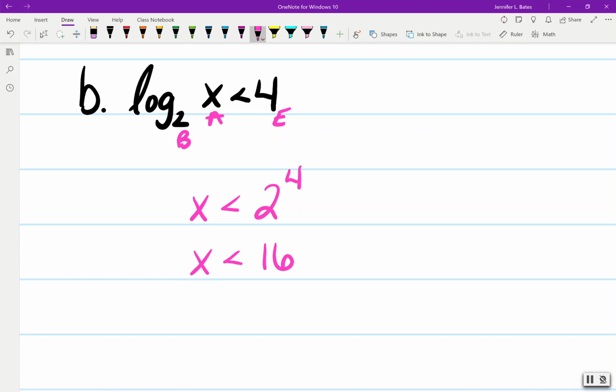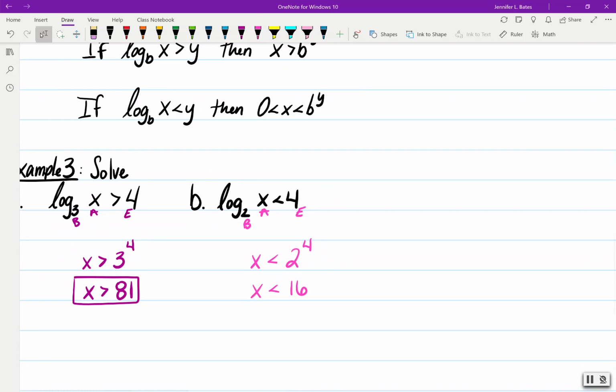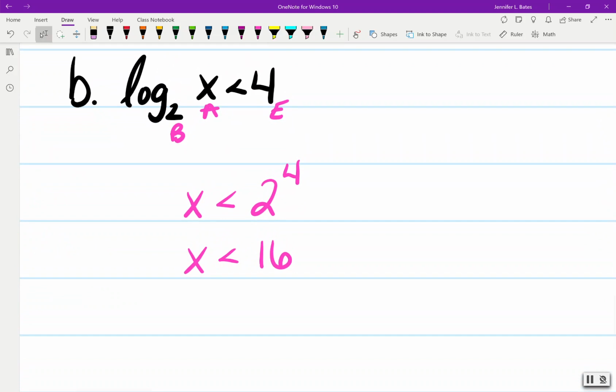Now let's think about this. If we take a look up at the log property, when we start with a less than, we have to have the second piece of our answer. The reason why is, let's take a look at the argument. What's the argument of this log? It's just the x.